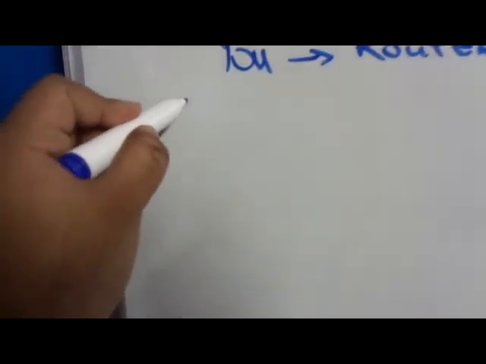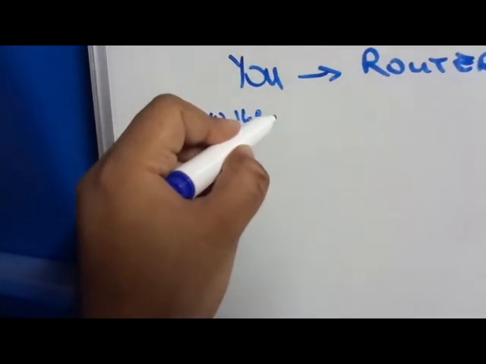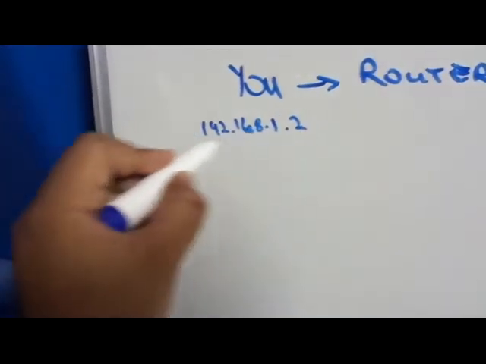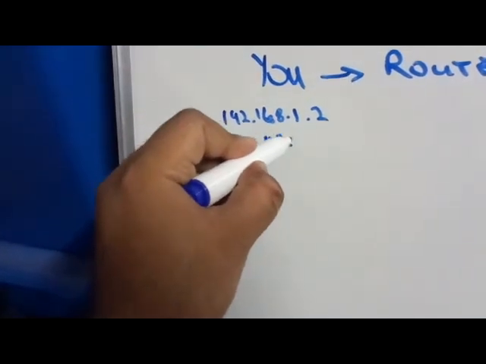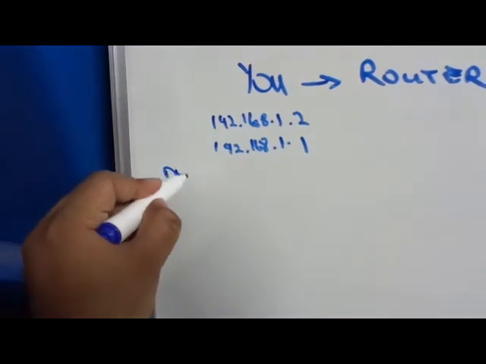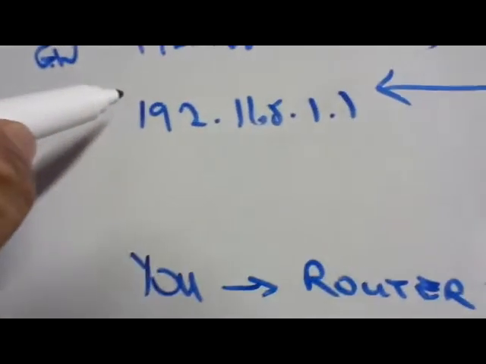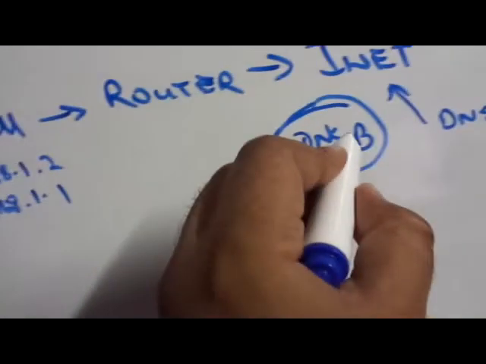So in other words, you would still be 192.168.1.2, and your gateway would still be your router's IP, which is 1, but you're changing your DNS. Your DNS would no longer be this. Your DNS would be your DNSB IP address.